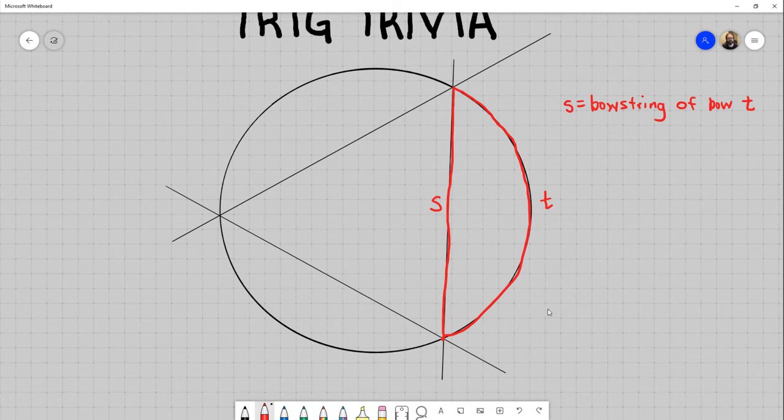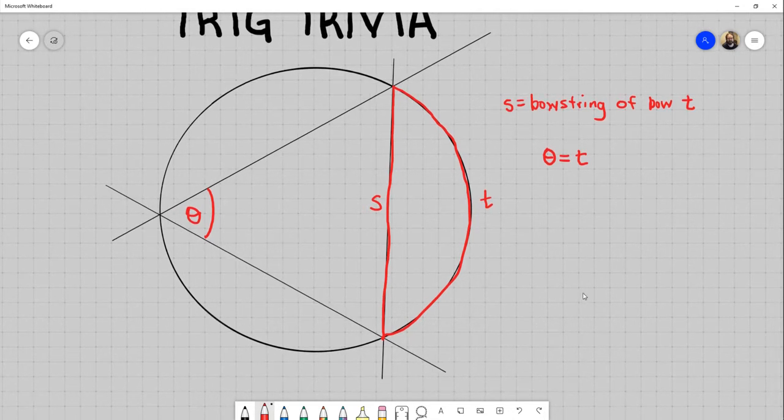All right. Now, if we have this angle theta, these two first chords described an angle theta, and it turns out that if we measure, again, this is a circle with diameter 1, the angle theta measured in radians is the same as the length of the bow T. All right?